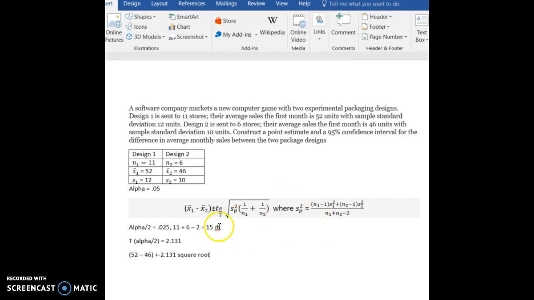We haven't done that calculation yet, so let's go back up and do it. Our pooled variance, and again, instead of trying to type out s sub p squared, I'm just writing pooled variance, is n1 minus 1. Well, that's 11 minus 1, so 10. And then s1 squared, 12 squared.